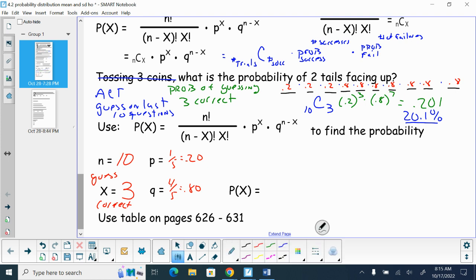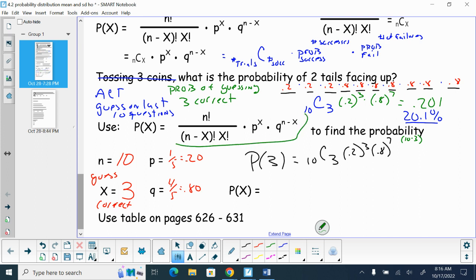So if I put this into nomenclature, the probability of 3 successes... The 7 would be the 10 minus 3, which is the n minus x, if you want to put it into this term right here.